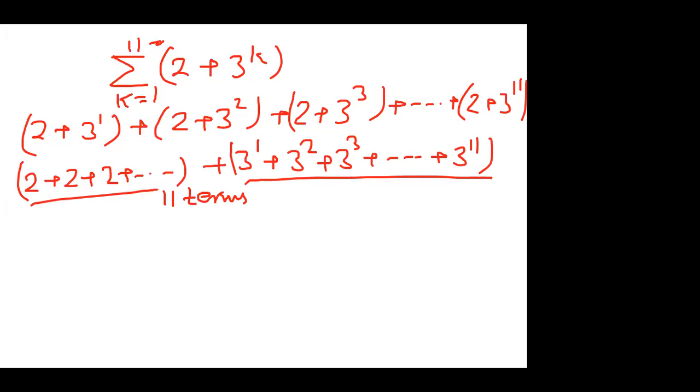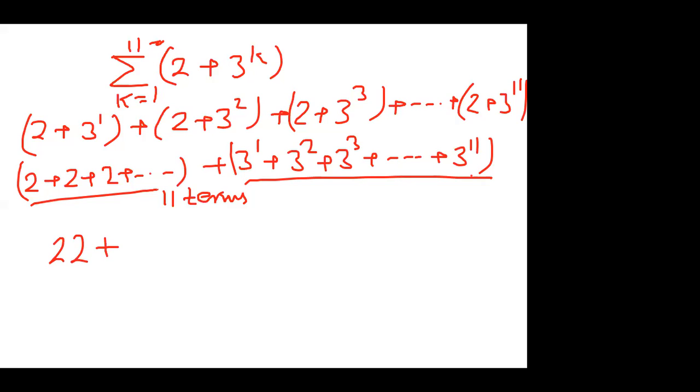2 to 2 is AP as well as GP. So I'm adding simply 2, 11 times. So 2 into 11 will be 22, plus the sum of 11 terms.